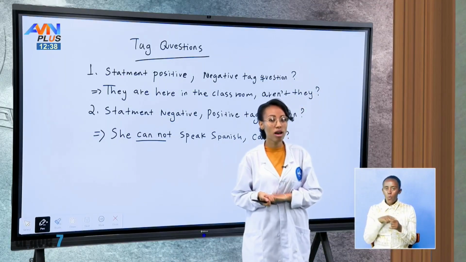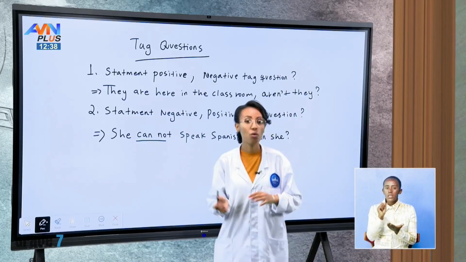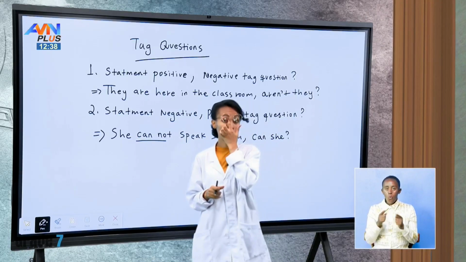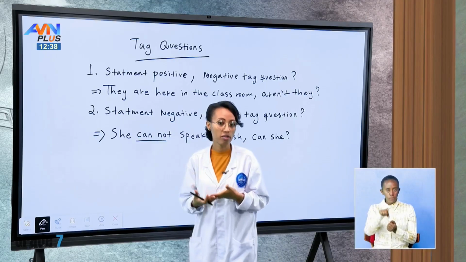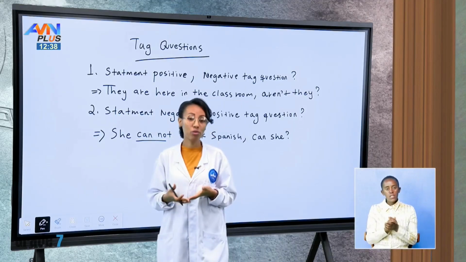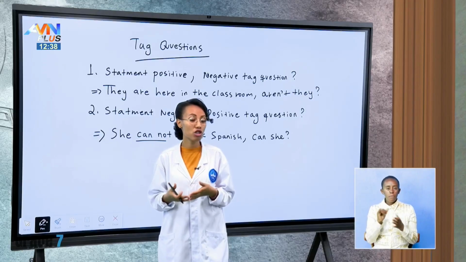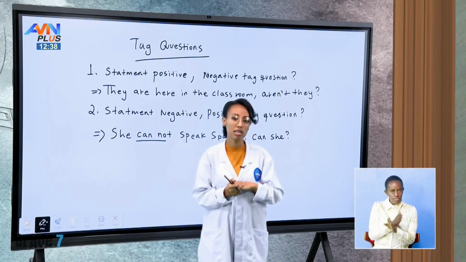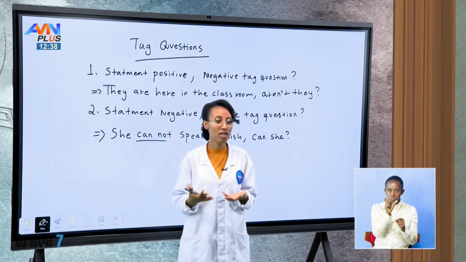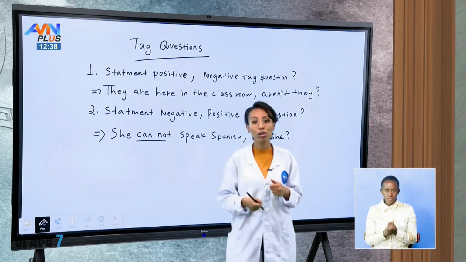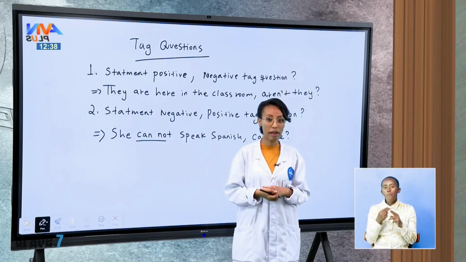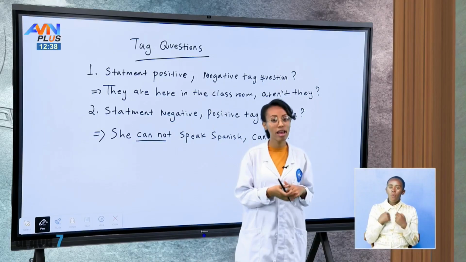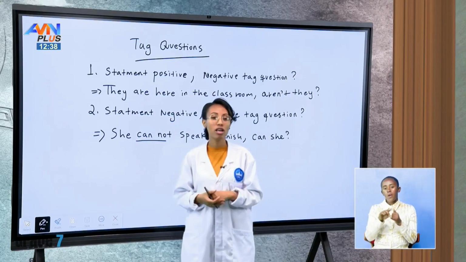We also talked about how we use tag questions with imperatives and also pronouns. When we are using it with imperatives, we have to use imperative statements. In imperative statements, the action or the verb usually comes at the beginning of the statement, and that's how it becomes a command or a request. When we are using tag questions with pronouns, the pronoun and the tag question have to agree.